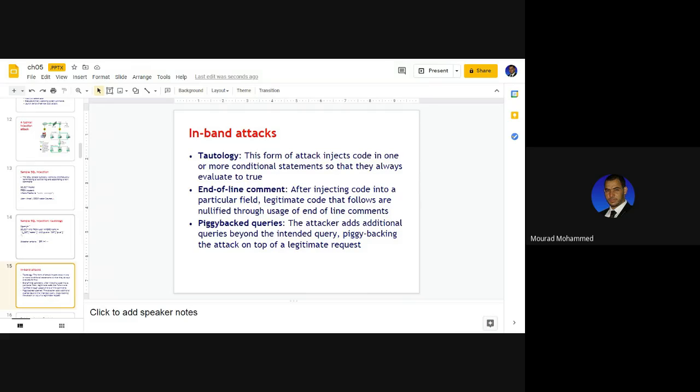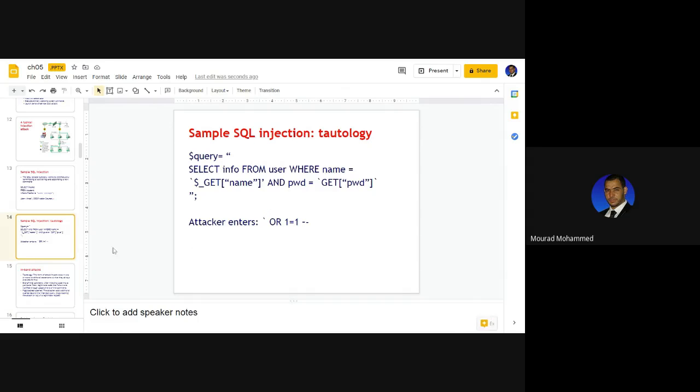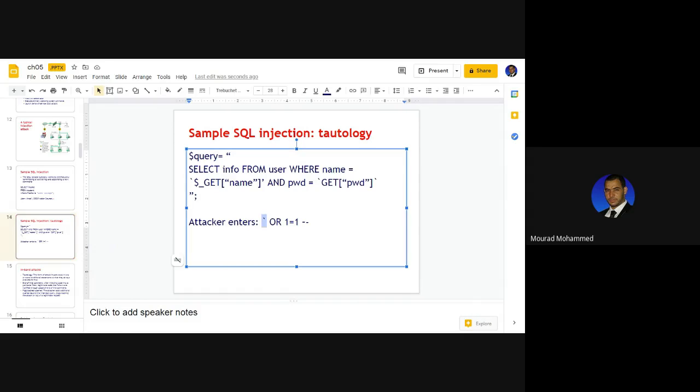There are other techniques via which attackers might refer to the SQL injection as a database attack technique. The end of line command means immediately, without making any prior work like this in tautology here: type in quotation, then or equal to 1, immediately quotation, and then after minus minus.